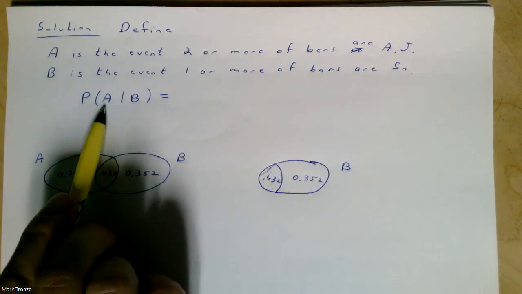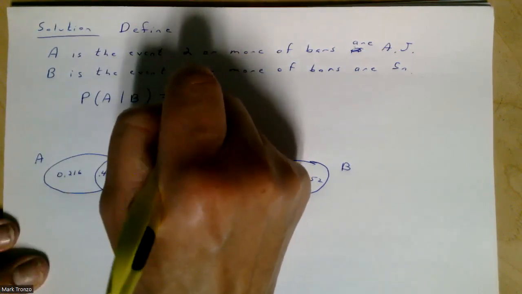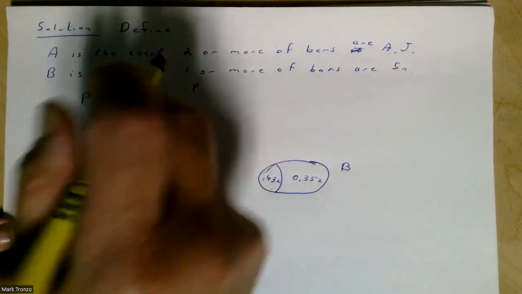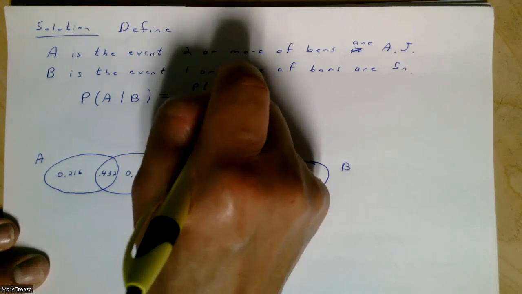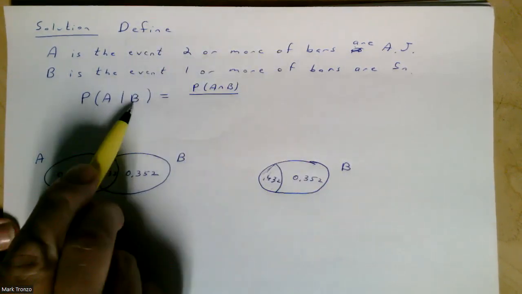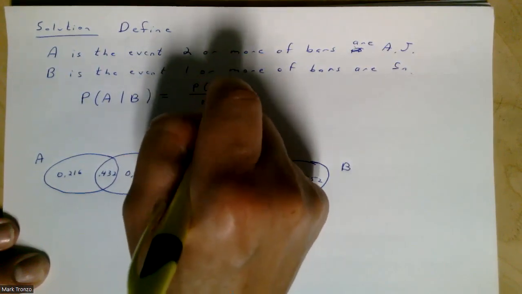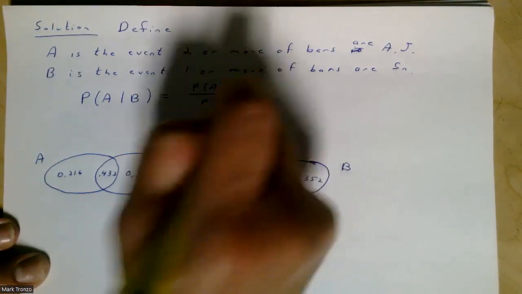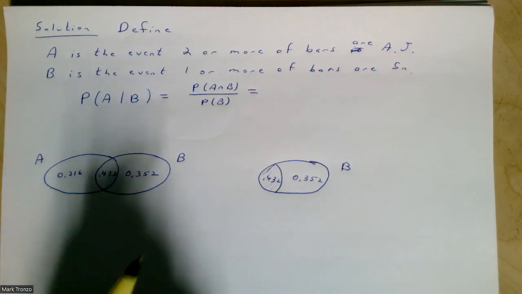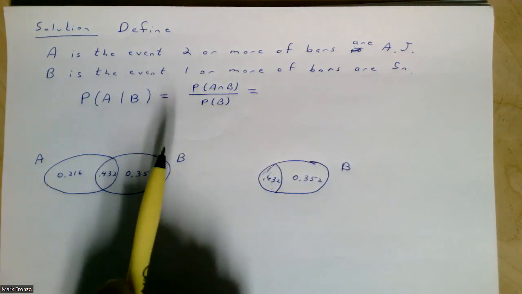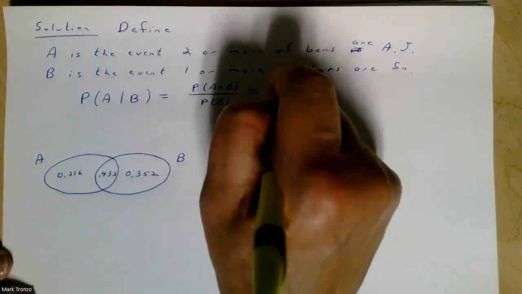So we know if we have probability of A given B, remember that's going to be the intersection of these two, divided by the probability of this. And of course, the probability of the intersection of those two was this right here, 0.432.